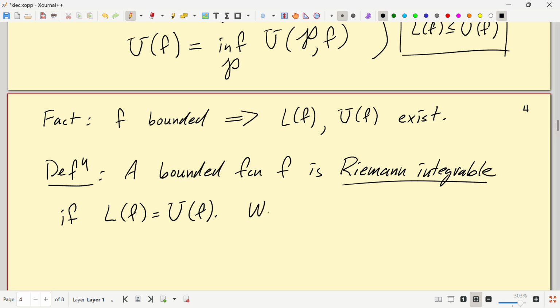And if that's the case, we write the integral from a to b of f dx equals that number, whatever it is.